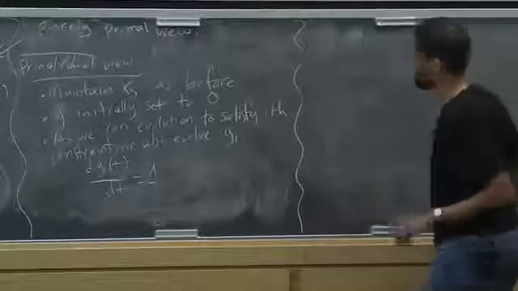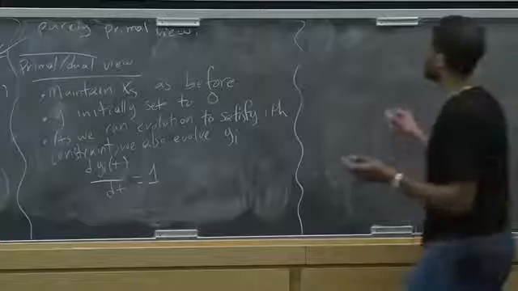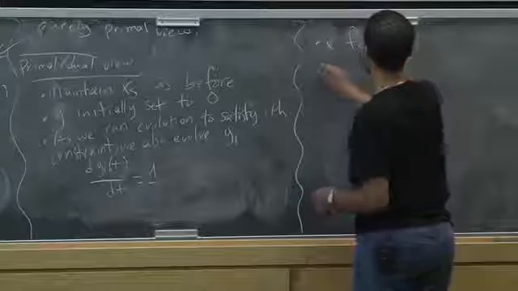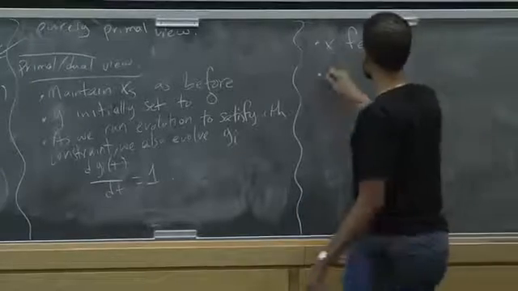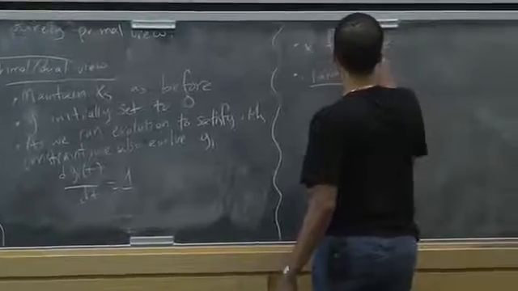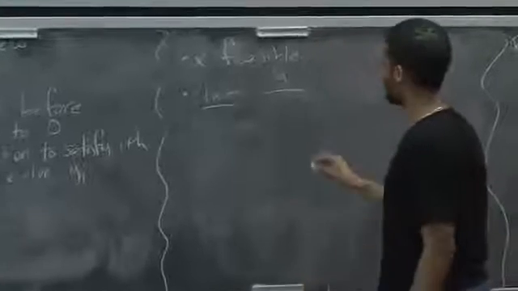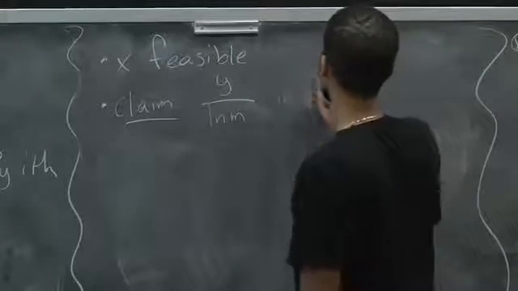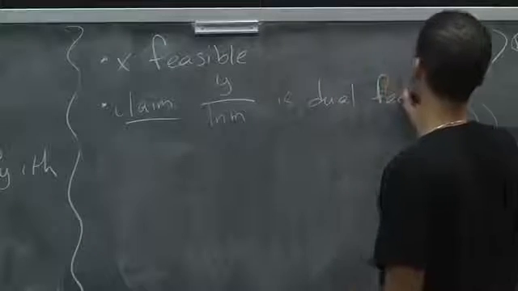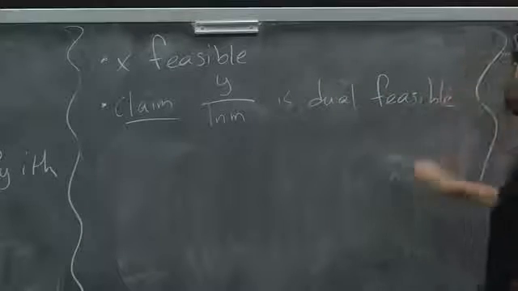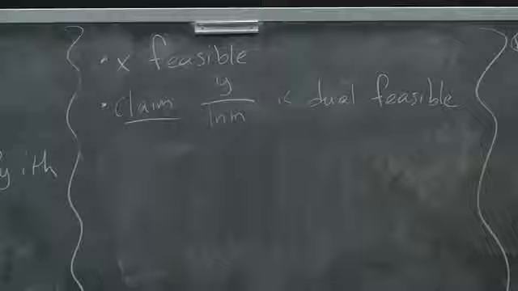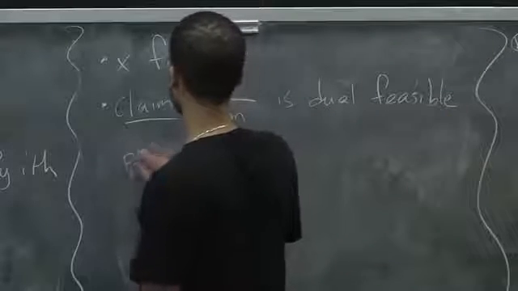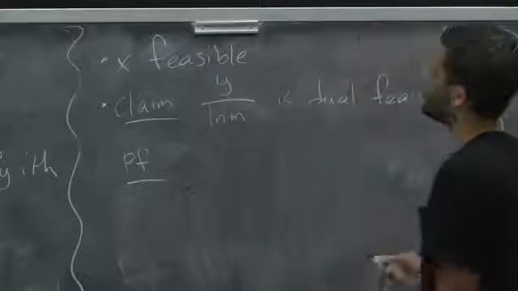So x, just like before, is feasible. We already talked about that. So a claim is that if you take y and entry-wise, you just divide by log m, that's feasible for the dual program. Okay, proof. I mean, basically, what does that mean?